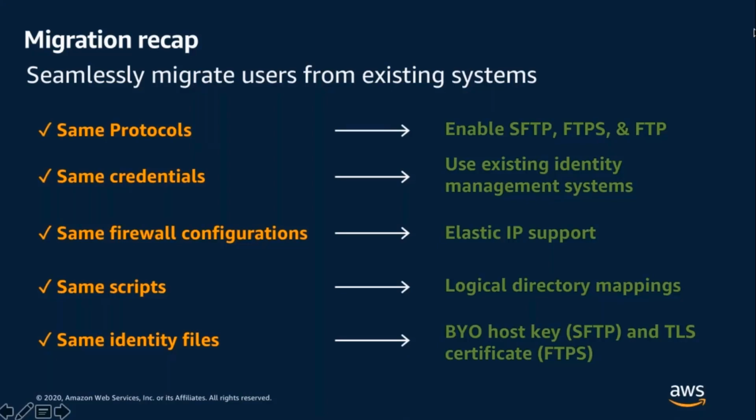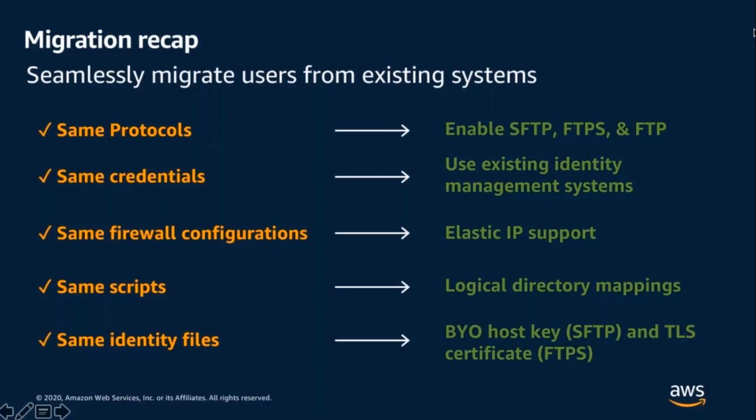And if you want to present your server's identity the same as when it was on-prem, you can use your own host key from your existing server or even bring your own TLS certificates for your FTPS server. With these features, you would have now migrated.